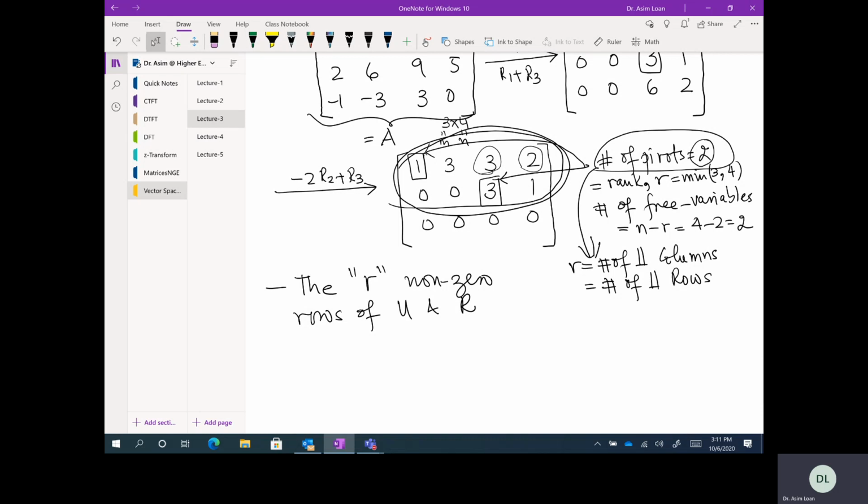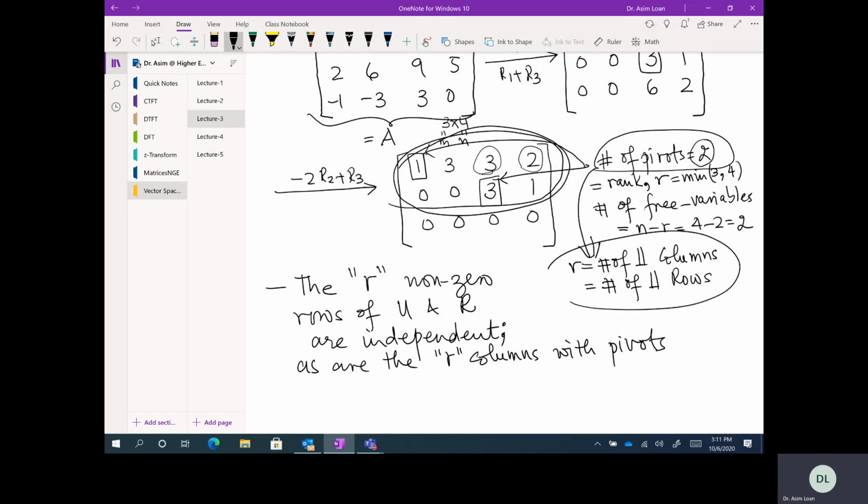So the R non-zero rows of U and R are independent, as are the R columns with pivots.